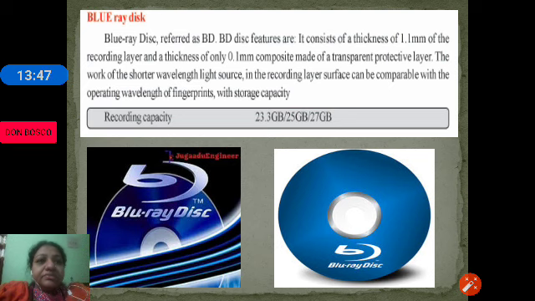So here the storage capacity of a BD disc is 23 GB or 25 GB or 27 GB. It is also an optical storage device. The storage capacity of BD disc is more than DVD, because DVD can store 4.7 GB to 16 GB, whereas Blu-ray disc can store about 23 to 27 GB of data. So this is about Blu-ray disc.